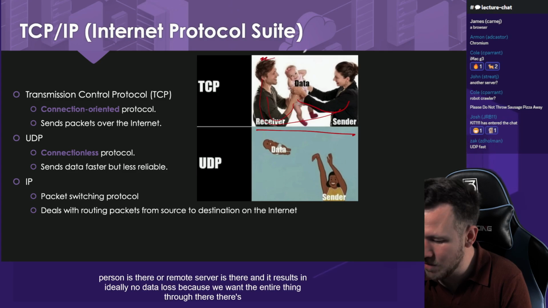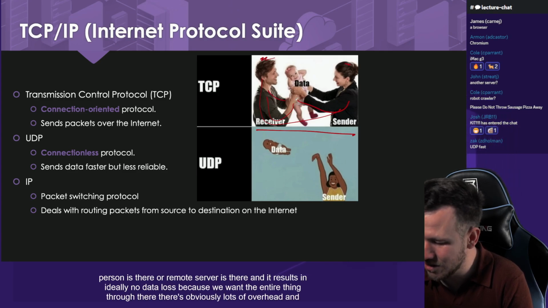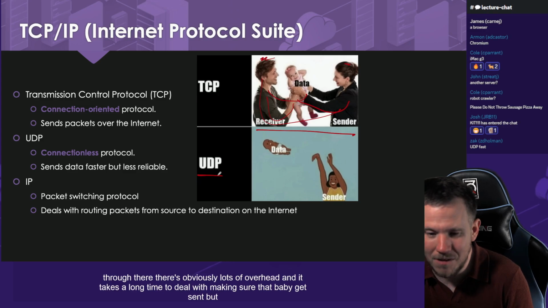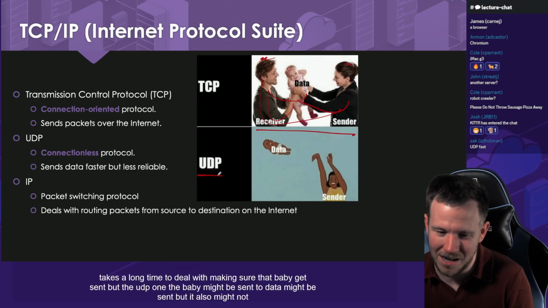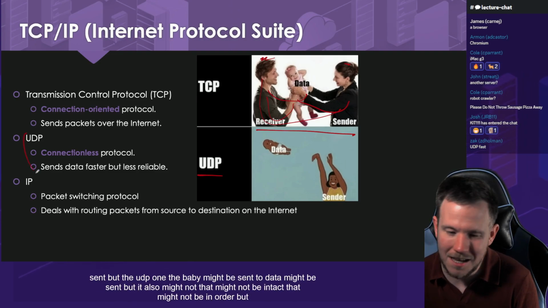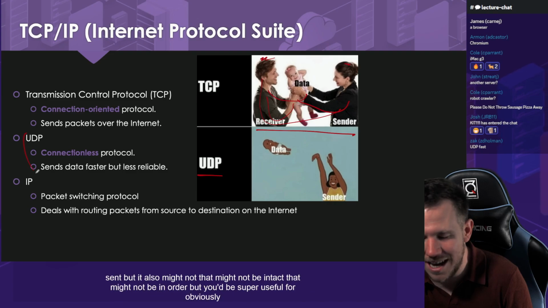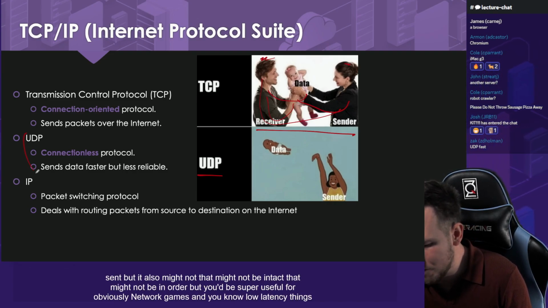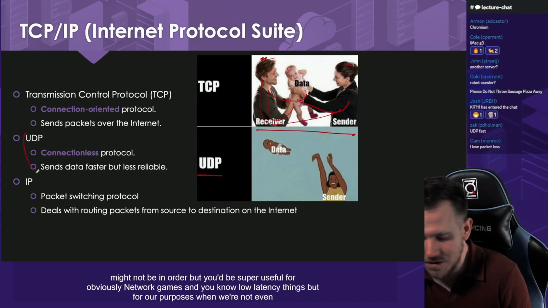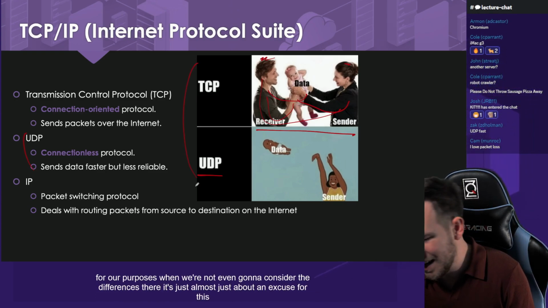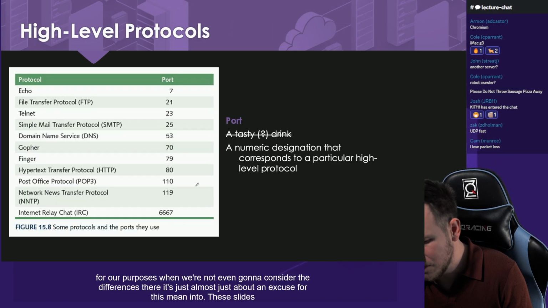There's obviously lots of overhead and it takes a long time to deal with making sure that baby gets sent. But with UDP, the baby might be sent, the data might be sent, but it also might not. And it might not be intact and it might not be in order. But UDP is super useful for obviously network games and low latency things. But for our purposes, we're not even going to consider the differences there. It's almost just an excuse to put this meme into these slides.